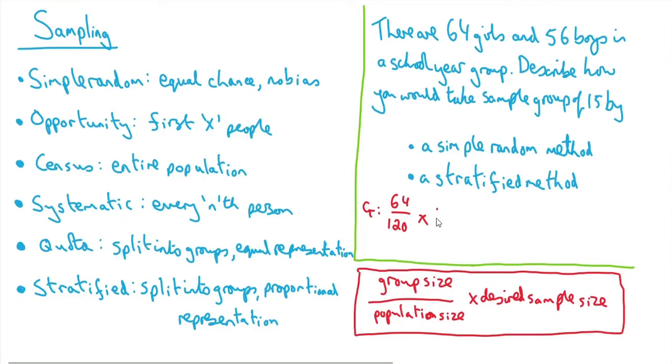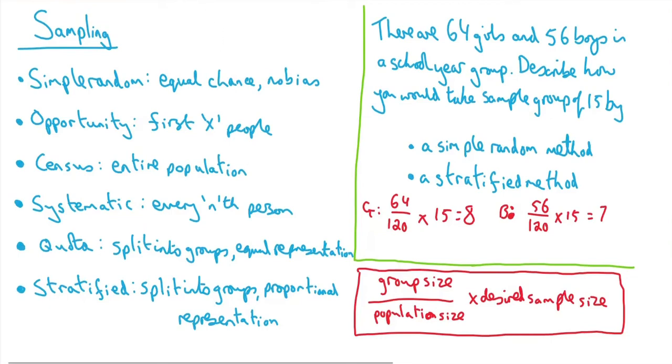The desired sample size is 15, so if you plug that into your calculator, 64 divided by 120 times 15 gives you a sample size of the girls of 8. Doing the same for the boys, we'll have 56 over 120 times 15. That's going to give you a sample of the boys of 7.